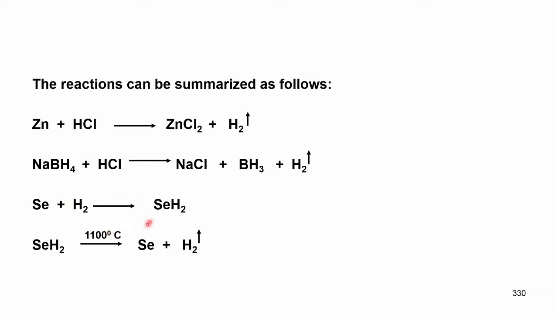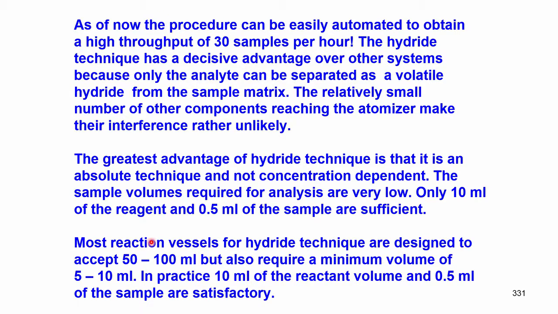So, these elements form hydrides, like selenium hydride, tellurium hydride, bismuth hydride, lead hydride, etc. Once in the flame it gets decomposed, giving you selenium and hydrogen. This selenium will undergo an oxidation reduction process, forming the free atoms, and the free atoms are measured in the absorbance.